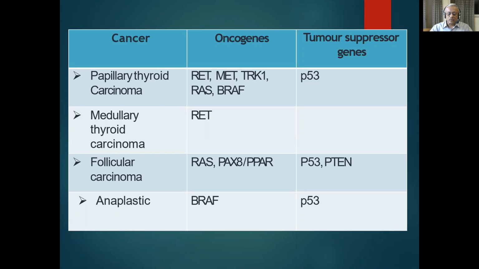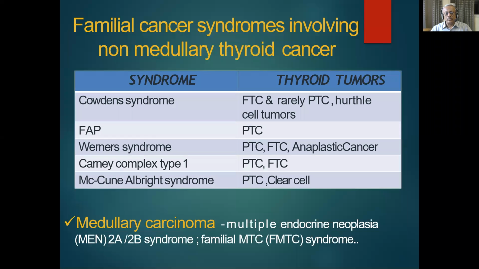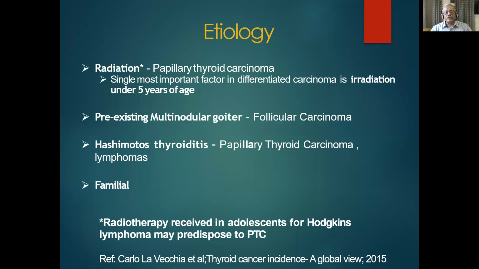Just go back one step. You talked about radiation as a risk factor. Radiation is rather unusual nowadays, but what were the situations where there is a risk of radiation exposure in childhood? Lymphomas, sir.